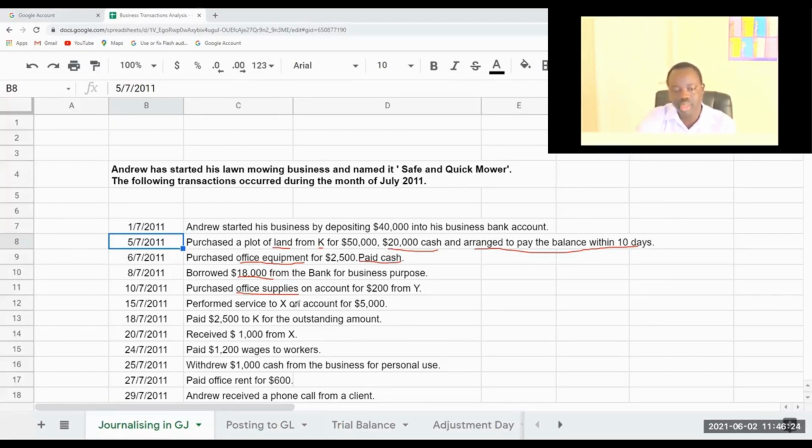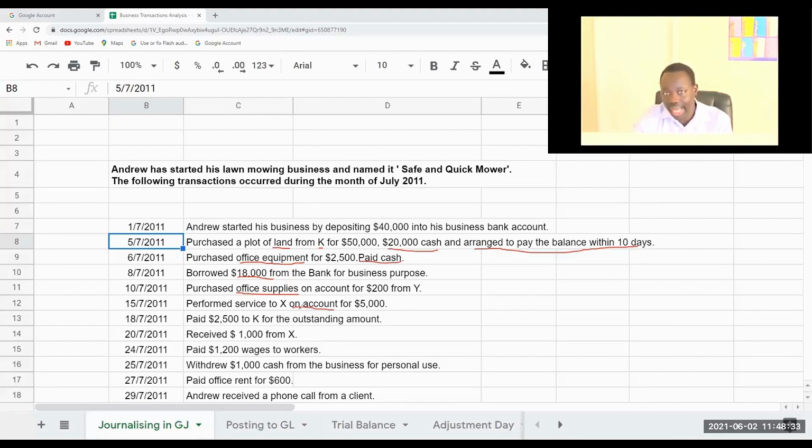This account is not accounts payable, but is an account called accounts receivable. Accounts receivable is an asset. We debit accounts receivable. And what about on the credit side? Credit service revenue.